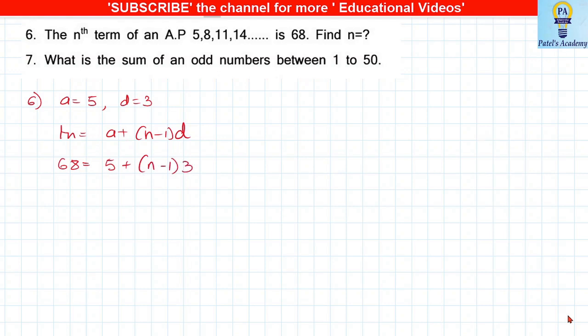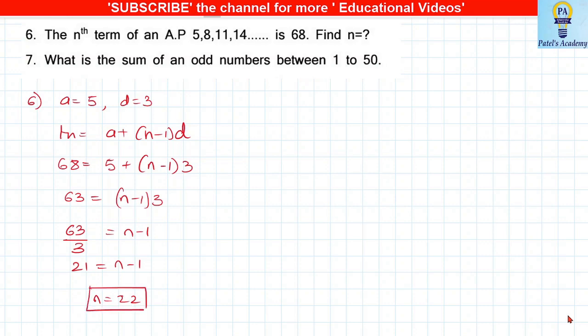So 5 will shift there, we will get 63 equals (n minus 1) into d. D is 3. So 63 when you shift there, 63 upon 3 is n minus 1. So this is 21 equals n minus 1. So n equals 22. Okay, so n equals 22.